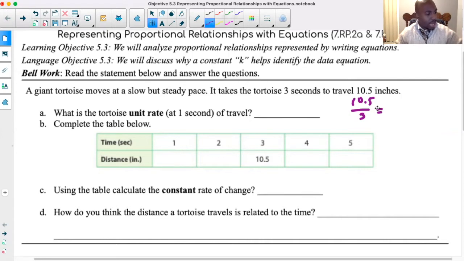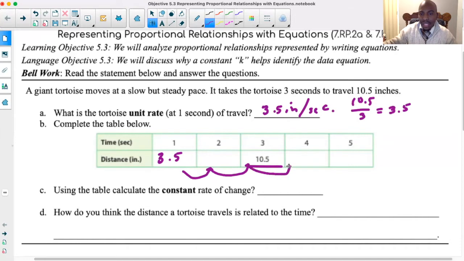And you would have got 3.5, which is saying it travels 3.5 inches every second. So the unit rate is 3.5 inches per second. And I'm just going to draw a little sign like that indicating per second. Okay. Now, if you went about it going to find that, you would say, okay, per second, which means this is 3.5 here. Because I would then need to figure out, okay, what's the constant?